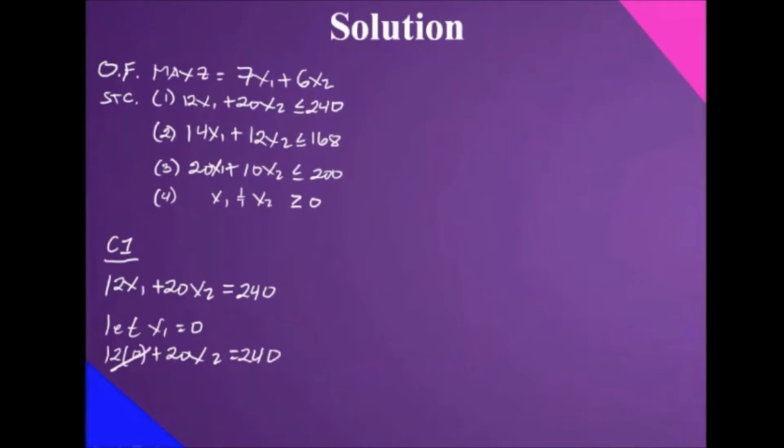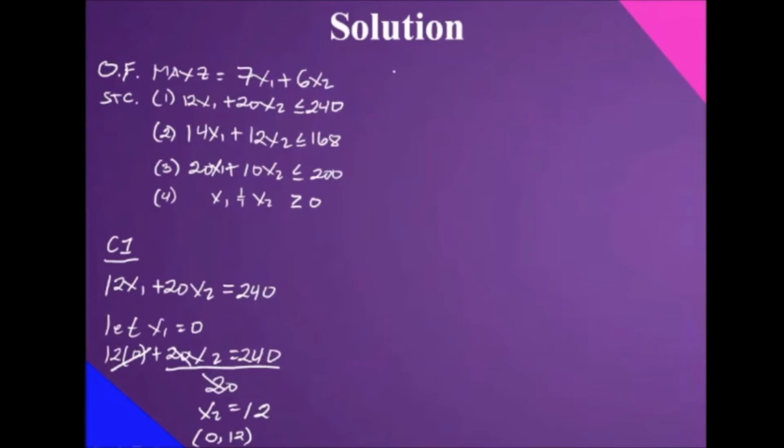So, definitely this will be cancelled. And divide natin both sides by 20 para maiwan ang x sub 2. So, x sub 2 will be 240 divided by 20. Use your calculator. We will be having an answer of 12. So, basically, if our x sub 1 is 0, our x sub 2 will be 12. So, yan. Meron na tayong first point for our constraint 1.